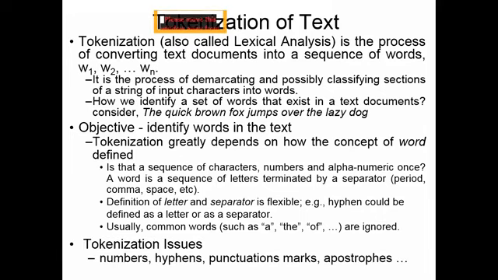But there are many issues in tokenization. Like sometimes one word may be separated by space. Addis Ababa, United States. Addis Ababa is one word, but in between there is a space. And mostly for identifying words, we are using space.